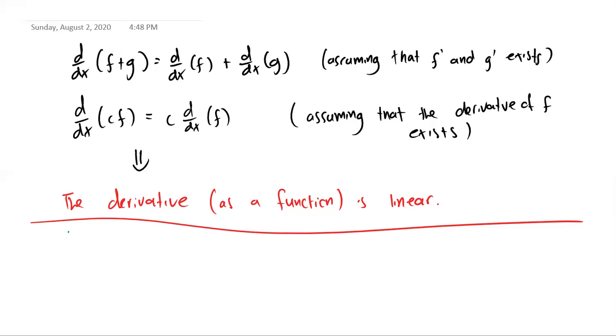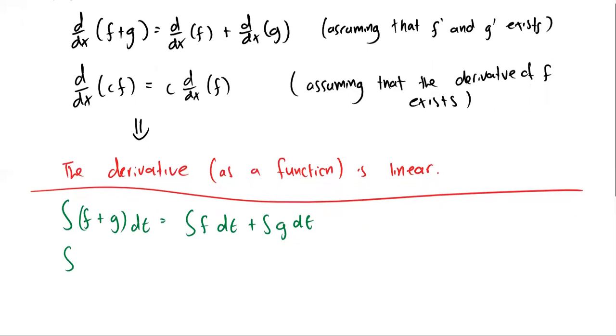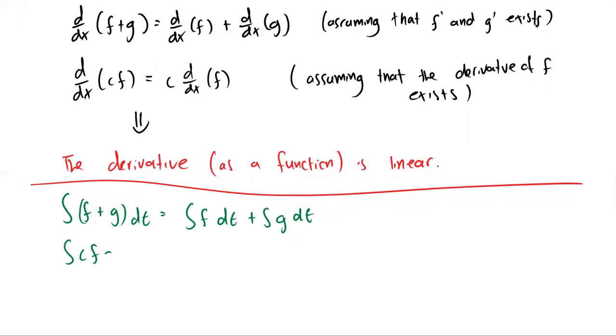A similar thing holds for integrals. The integral of f plus g dt is the integral of f plus the integral of g, and the integral of a constant times f is the constant times the integral of f dt, again assuming all integrals exist.